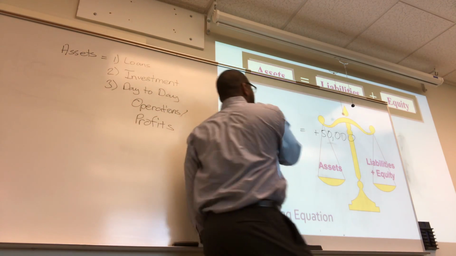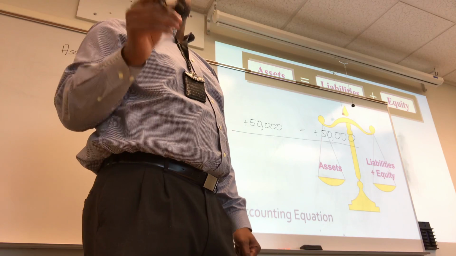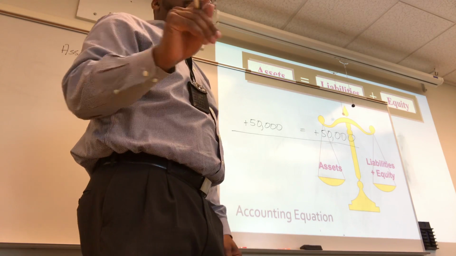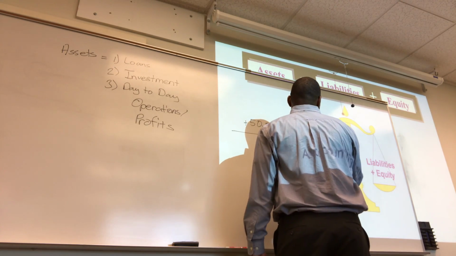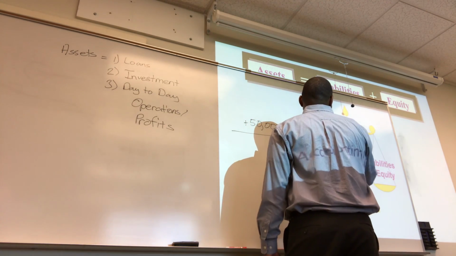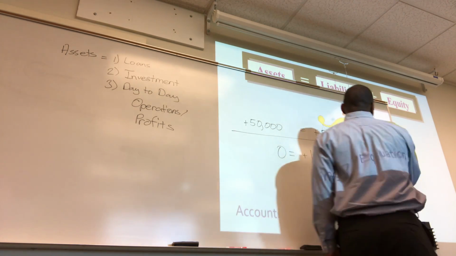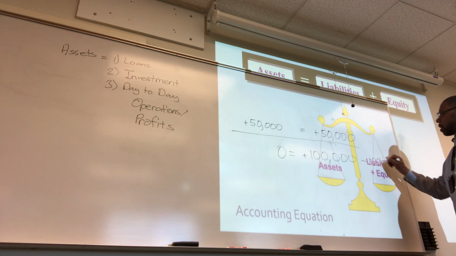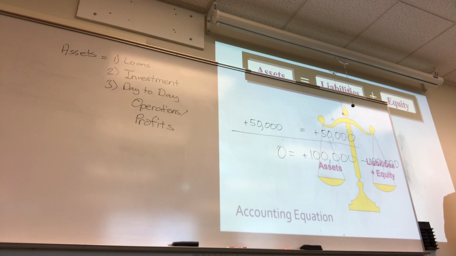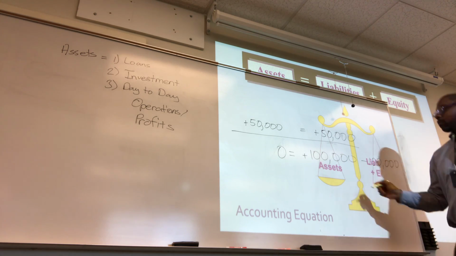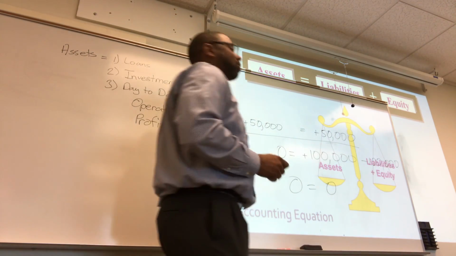Another way is to do an opposite and equal transaction on one side of the equation. We can add $100,000 to an account on this side, and then subtract $100,000 from an account on this side. And what would happen? Both transactions would negate each other.